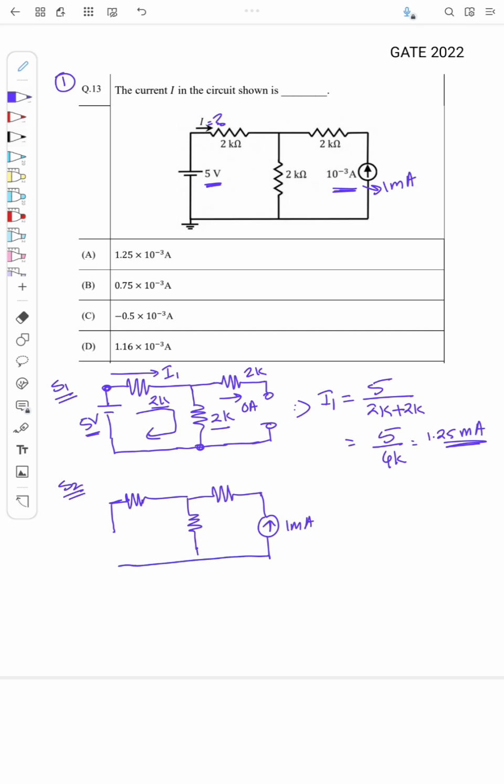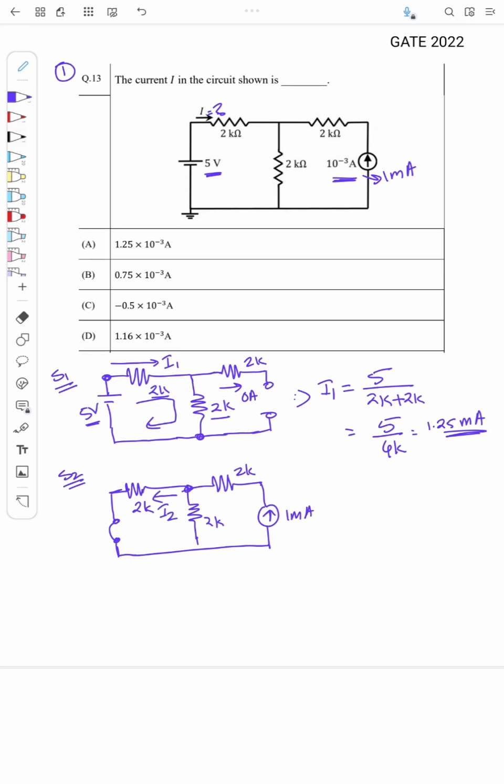Here the voltage source should be short circuited, and this is 2k, 2k, 2k. Due to this current source, the current will be like this, I2, but the current I need to find is I in this direction, so I can call this minus current.